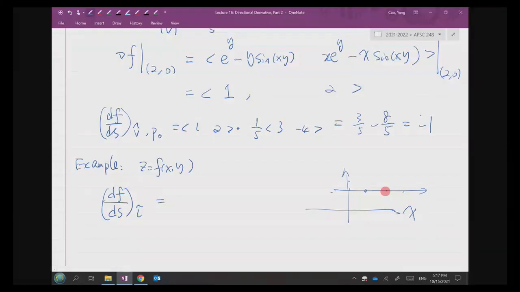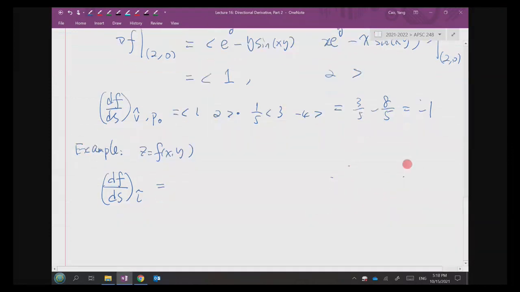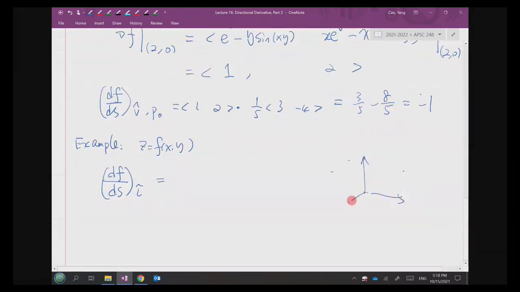If Y is not changing, then, right now we're not talking about a single variable here. We're talking about a function of 2 variables. So basically, you are moving in this direction, okay? And you have a surface on top of here. Okay?